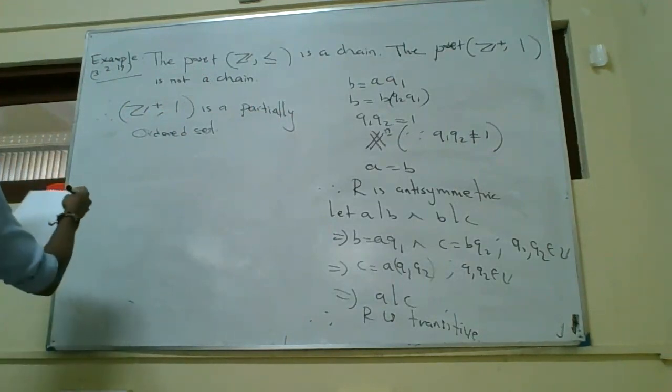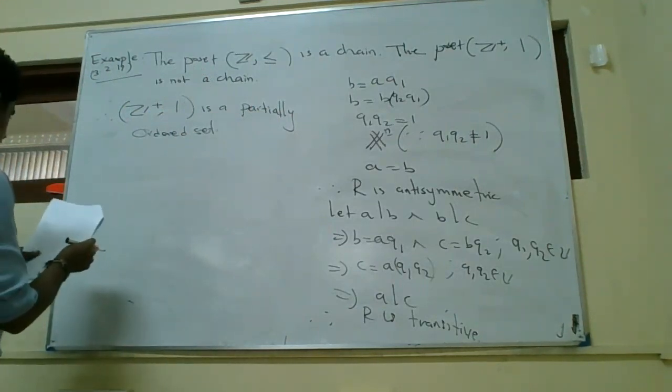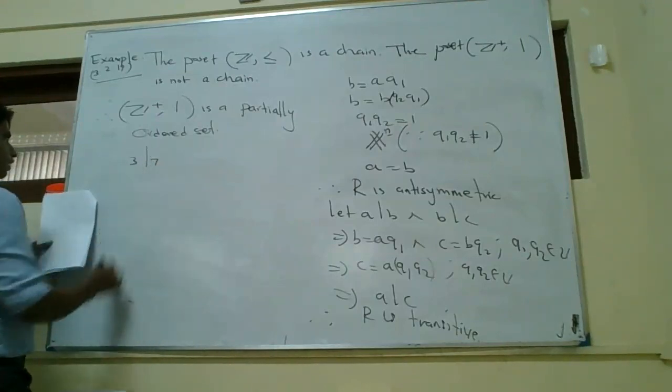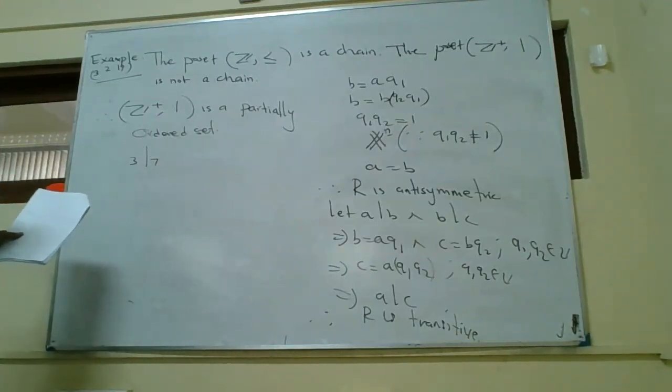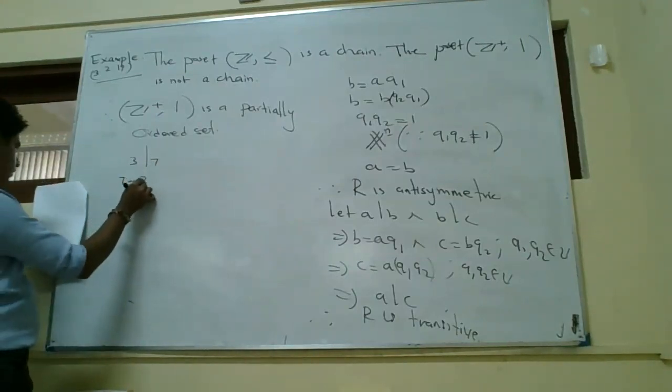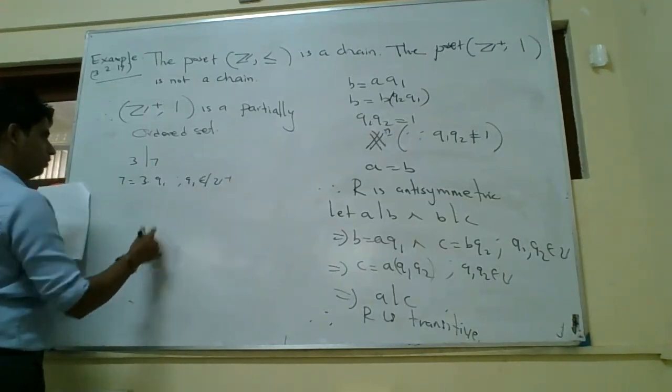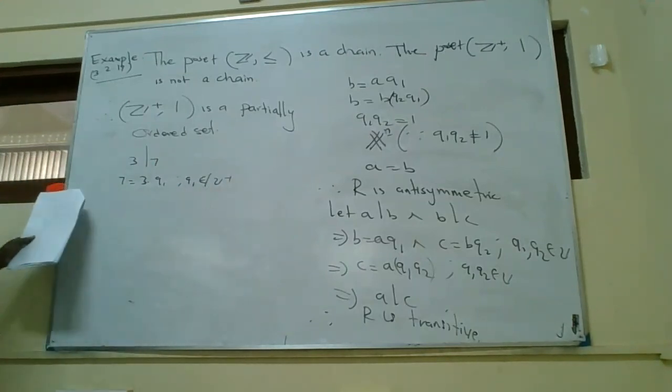But it's not comparable because 3 divides 7 is not possible, no? 7 equals 3 into Q1 does not have Q1 belonging to the positive integers. Therefore, not possible.